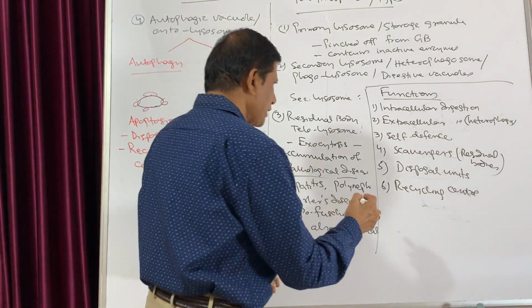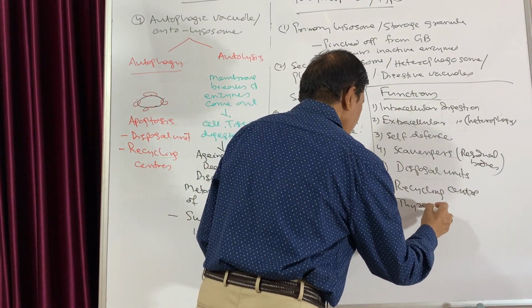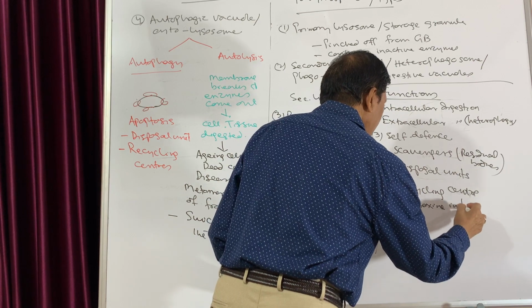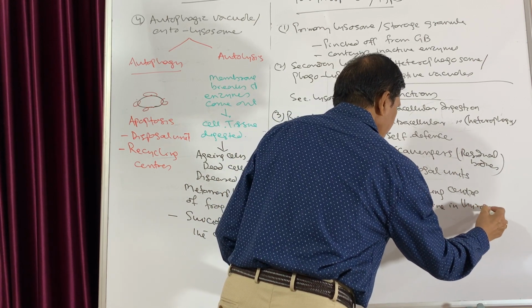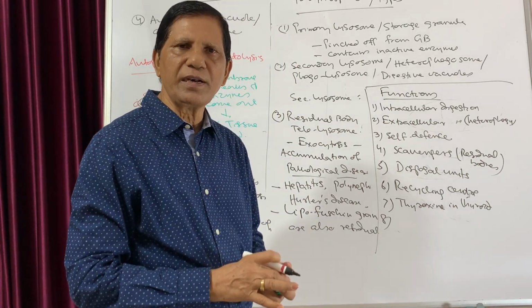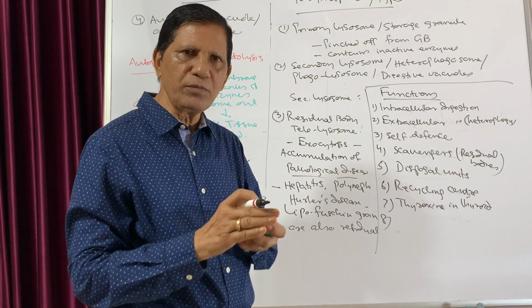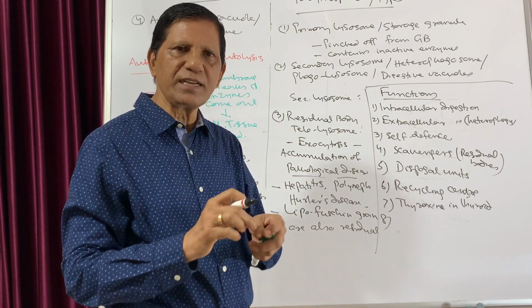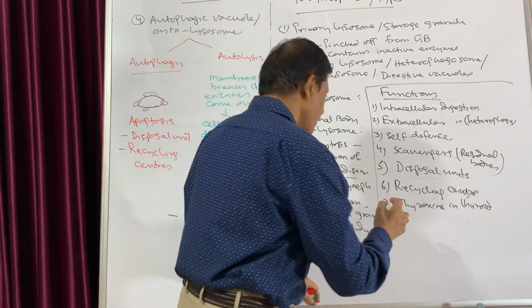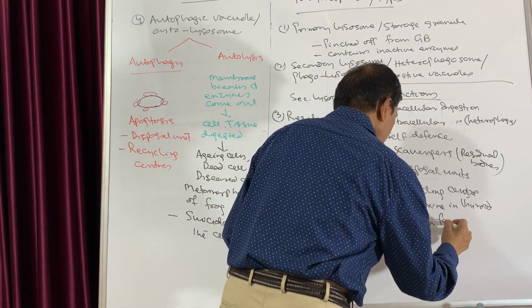They are also responsible for the production of thyroxine in the thyroid. Another function is that they help in fertilization. The lysosomes present in the sperm help in digesting the sheath of the egg, so they aid in fertilization.